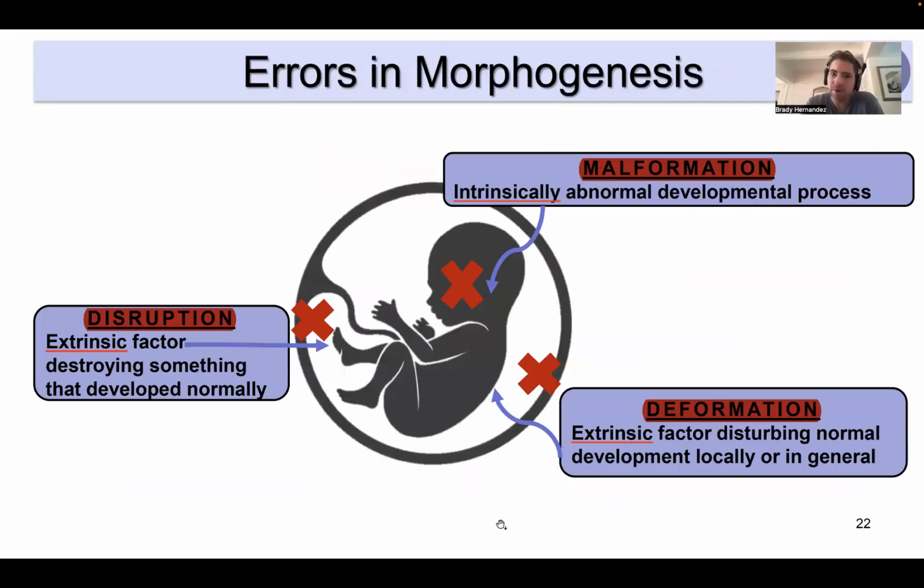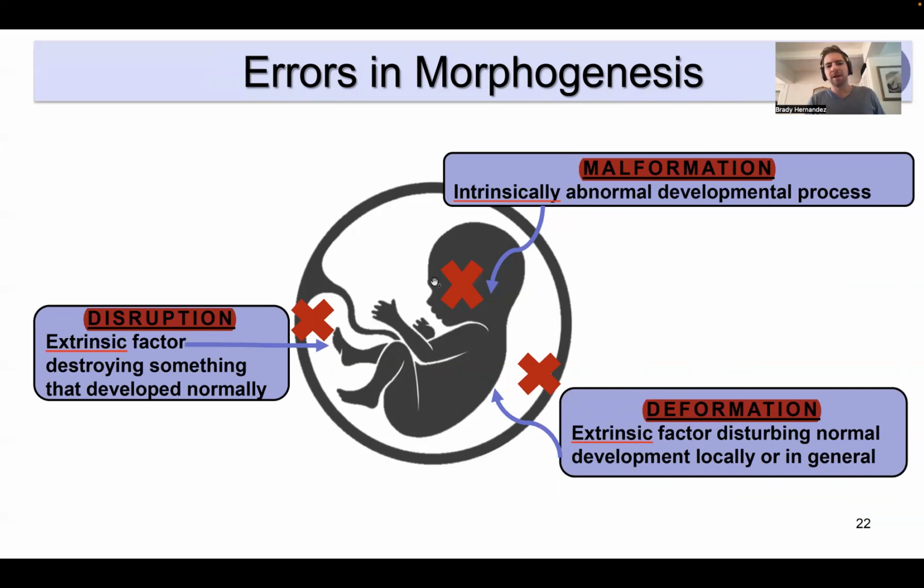All right, and some terms. These are kind of just buzzwords. Malformation is intrinsic, deformation is extrinsic. Whatever you need to do to remember that, it comes up on these UWorld questions too, and it's a pain because you're like, I did know that at one point. Deformation is extrinsic. So if the baby's deformed because there's not enough amniotic fluid, they come out with foot deformities because they've been kind of jammed in, for lack of a better term.